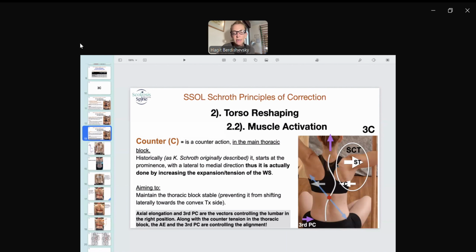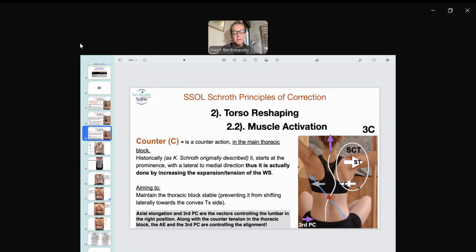So there is always a cycle going. If we do too much shoulder traction to the right, then the thoracic prominence will shift back to the right, so we need to counter it with action. So it's a cycle like that.